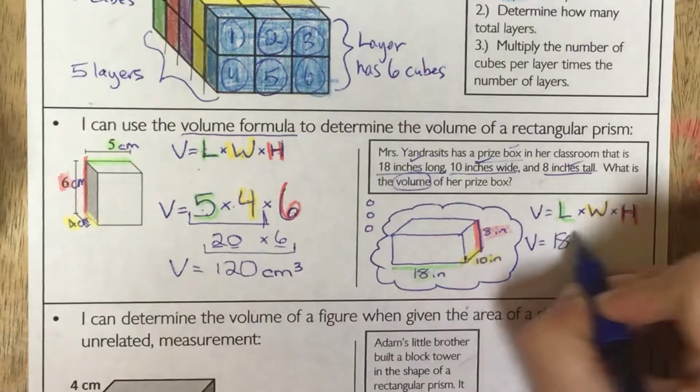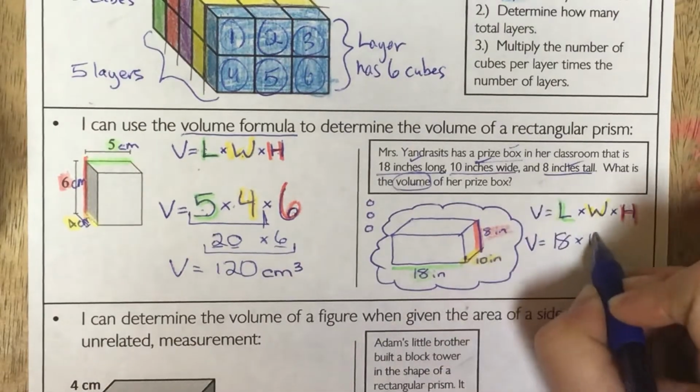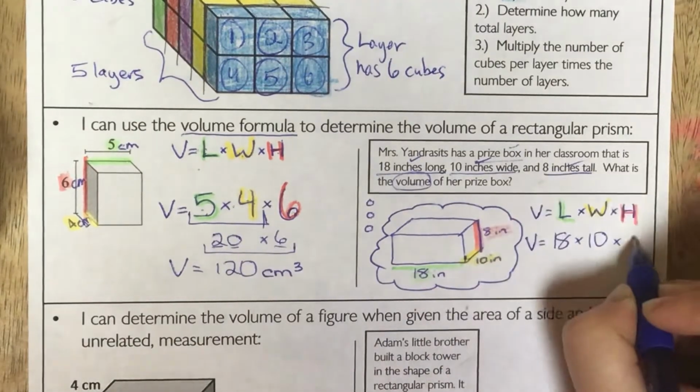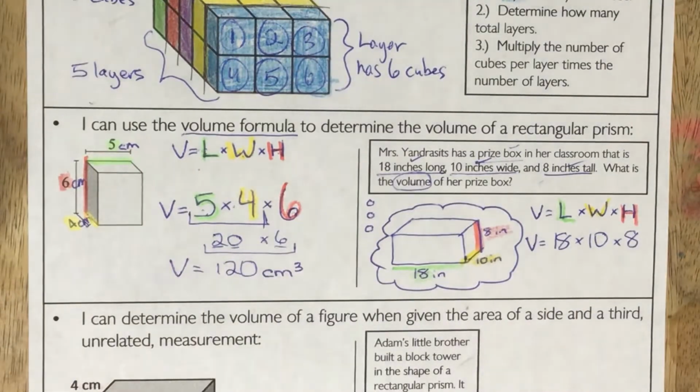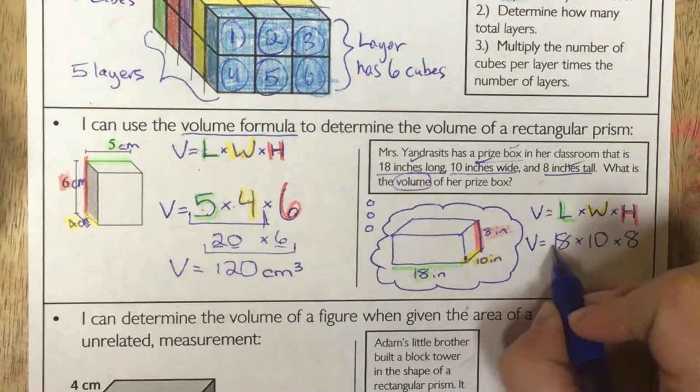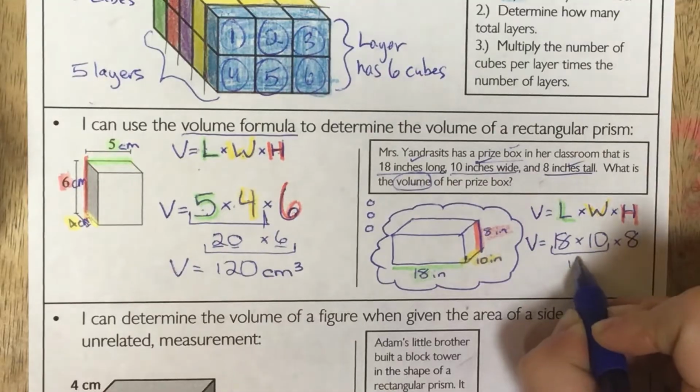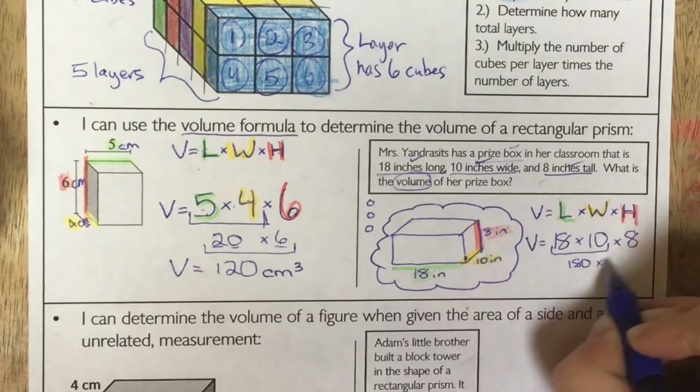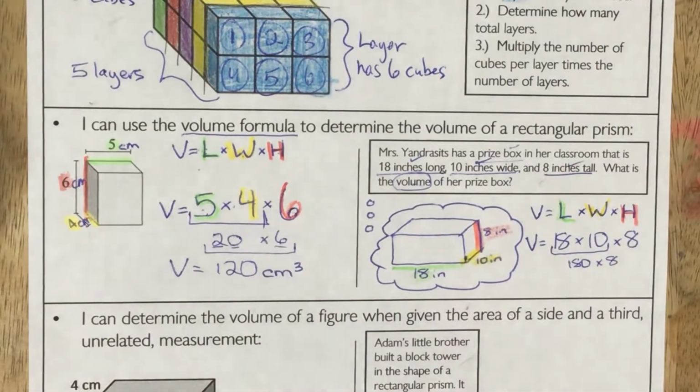Length times width times height. Now it's time to multiply. 18 times 10, that's 180, and I still need to multiply it by 8. Uh-oh, this isn't a fact I can do in my head.